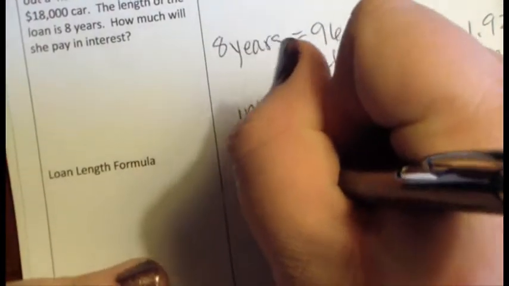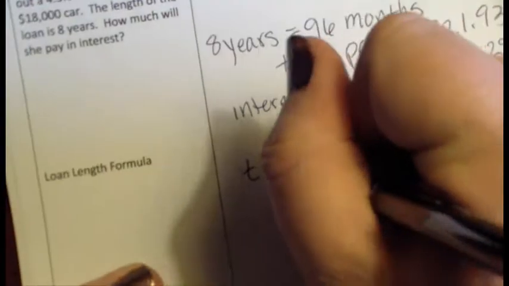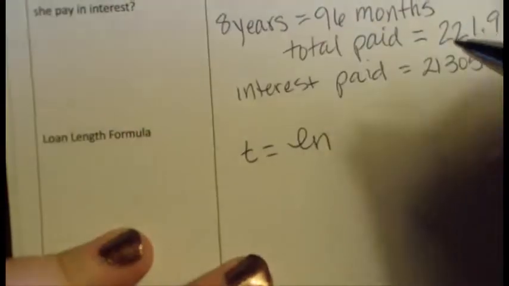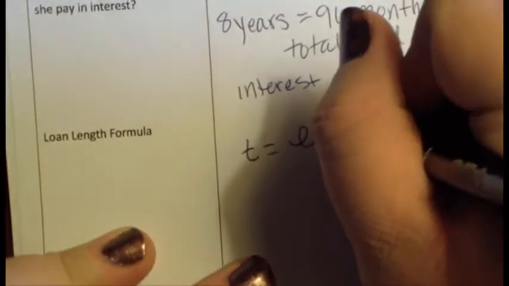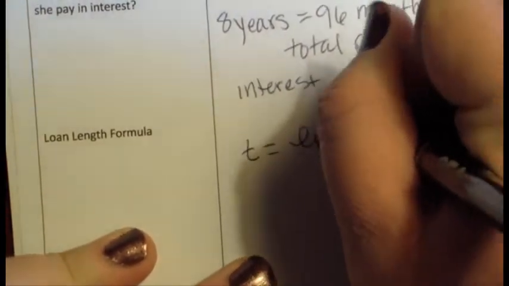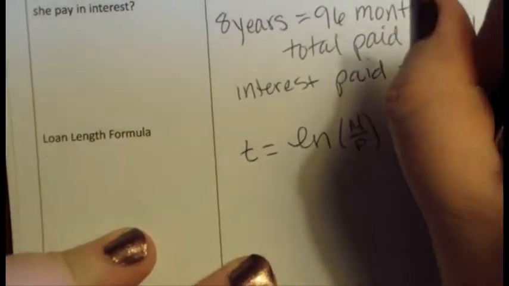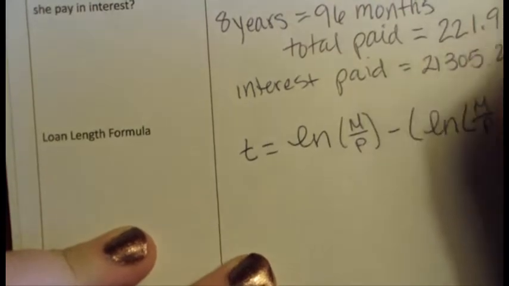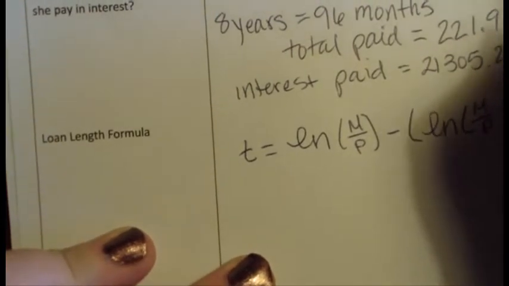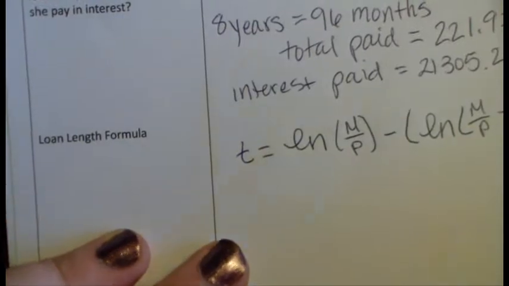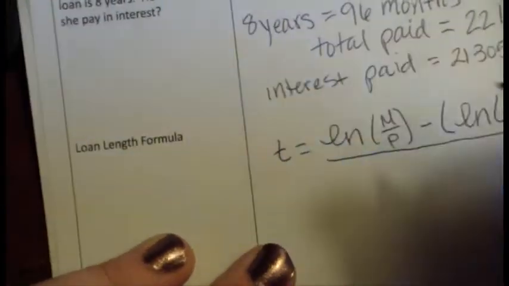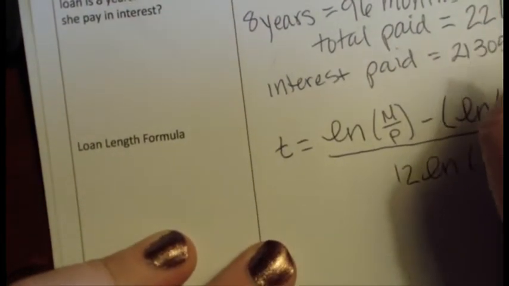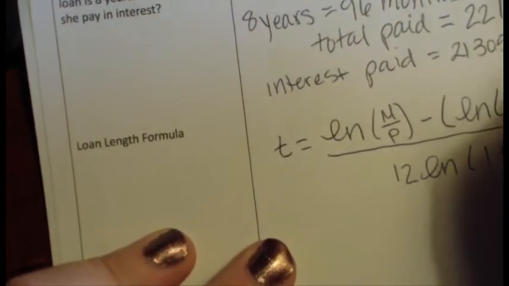So our formula, time is the natural log, which remember is just ln, and it's a button on your calculator. So the natural log of m over p minus the natural log of m over p minus r over 12, divided by 12 times the natural log of 1 plus r over 12.